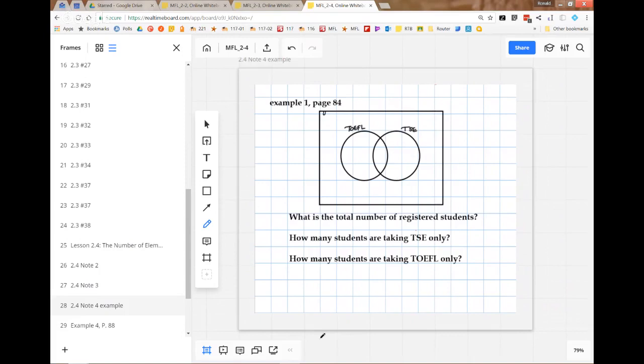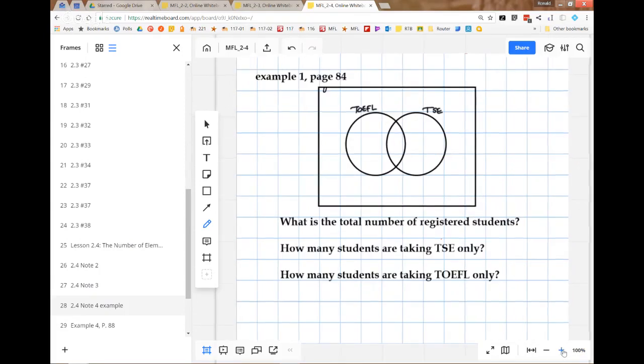What number do I need to put in first? Would it be the intersecting number? That is correct. 200? Okay. That was a very good answer.